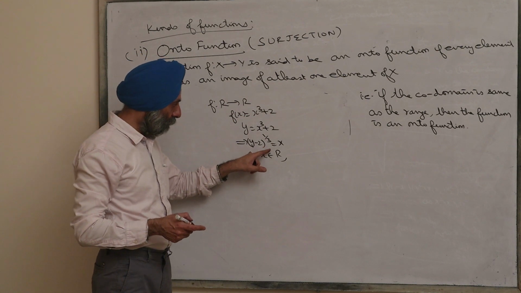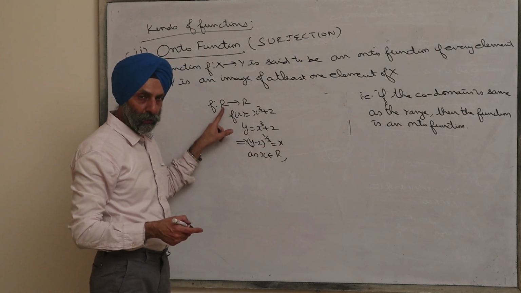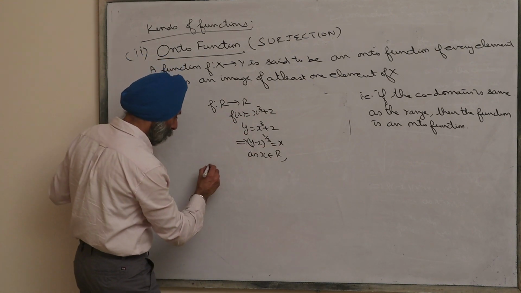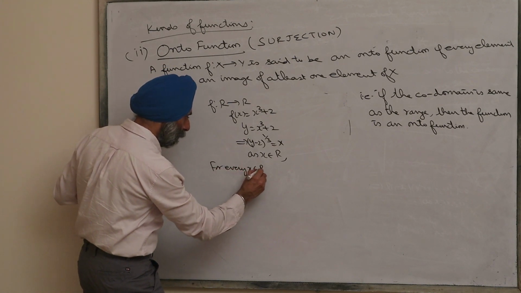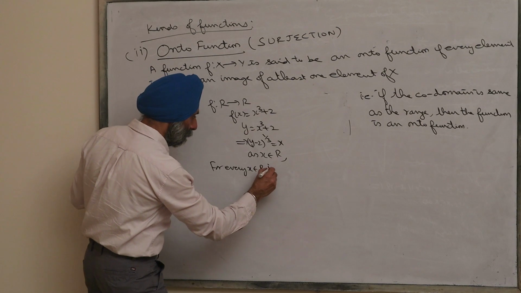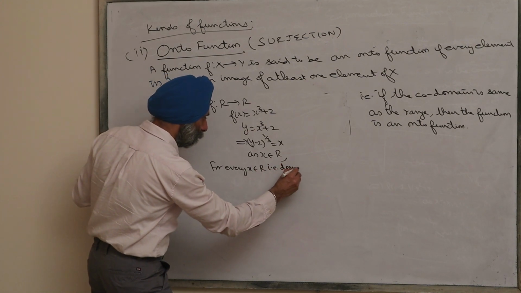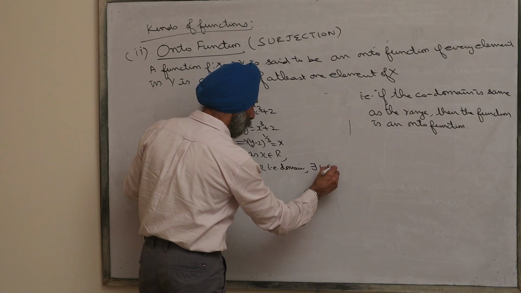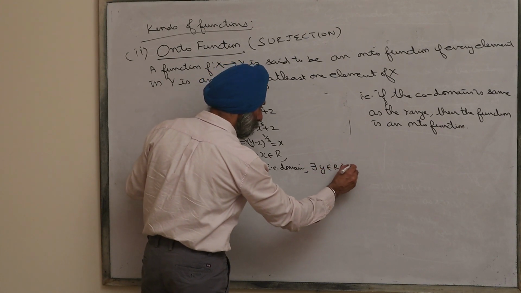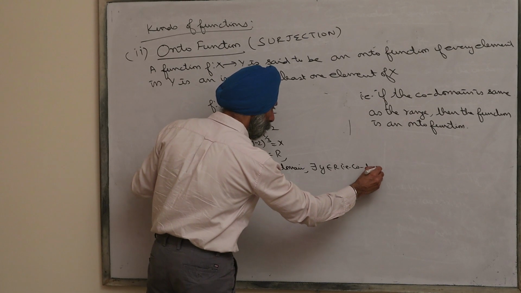That is, for every x belonging to the domain R, there exists y belonging to R, that is the codomain.